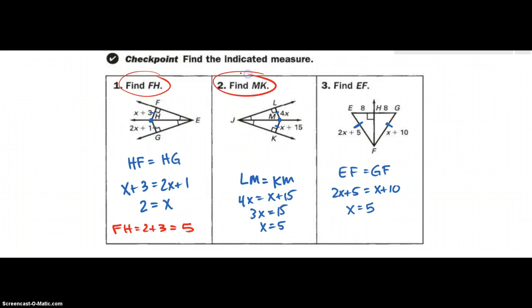Here we want MK. So if x is 5, we'd have 5 plus 15, so 20. And here we want EF. So if x is 5, we want 2 times 5 plus 5. So we'd have 10 plus 5 is 15.